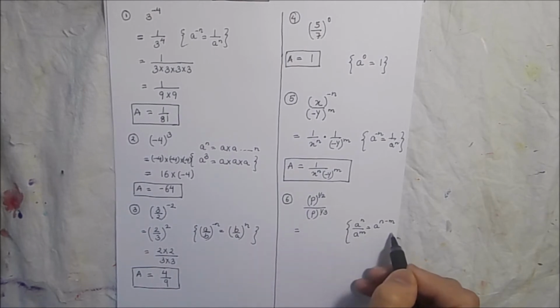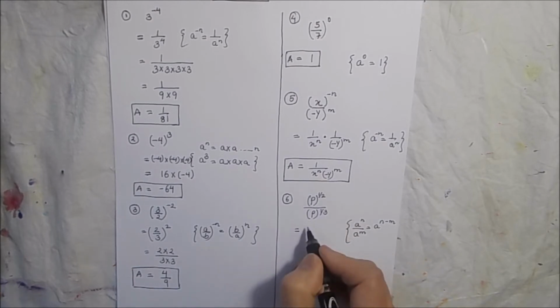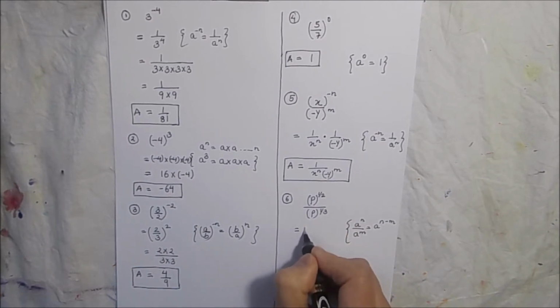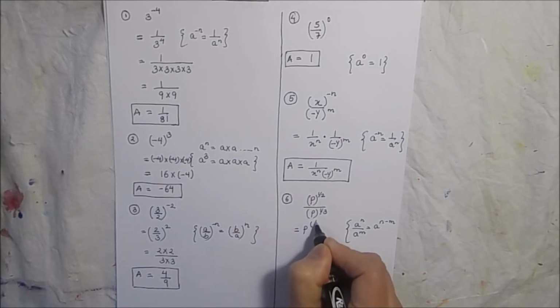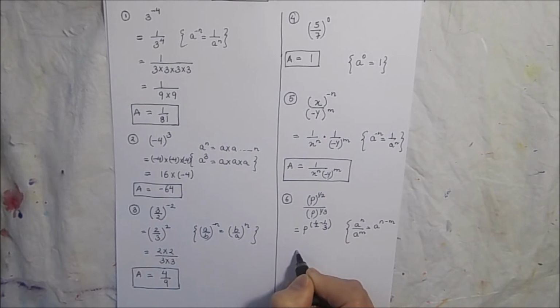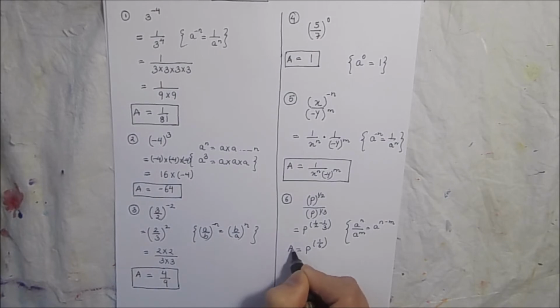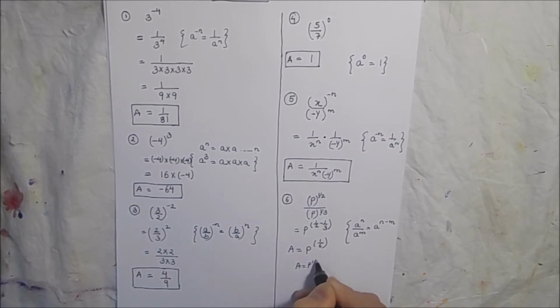So we can use this rule. The rule says that the power of the numerator minus the power of the denominator. So according to this rule, our answer will be p raised to power half minus 1 over 3. By applying the rule, we will get the answer as p to the power 1/6. So the answer is p to the power 1 over 6.